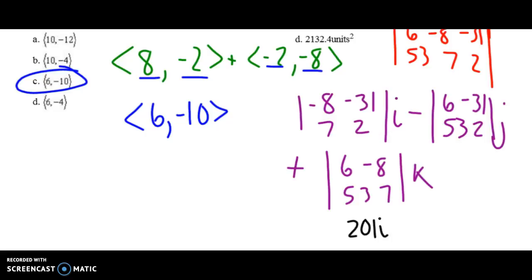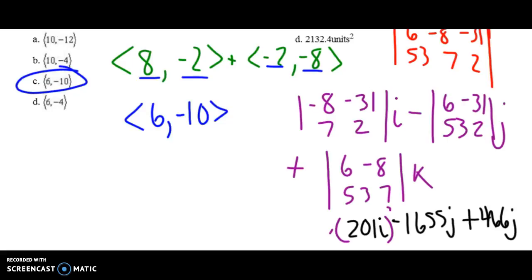And then 6 times 2 is 12 minus negative 31 times 53, which would be minus 1,655j. And then my k is going to be 42 minus negative 8 times 53, which would be plus 466k. And so then to find the magnitude of that, I simply square all of those numbers.